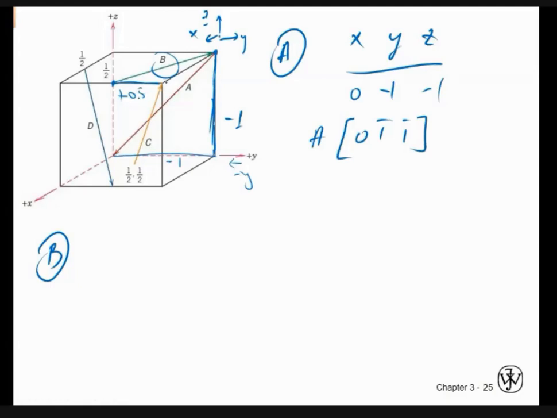And if I move full length in negative x-axis, it will be negative 1. And as you can see, I don't need z direction. So x, y, z: x is negative 1, y is positive 0.5 and z is 0. Multiplied by 2 to get rid of this 0.5, it will be negative 2, 1, 0, and enclose it in a bracket.